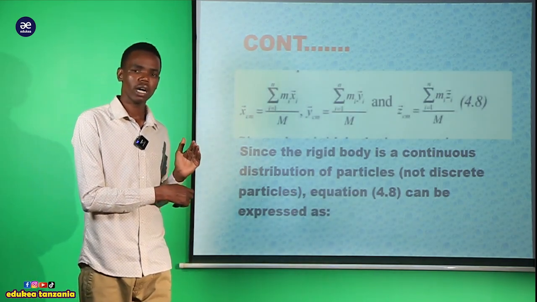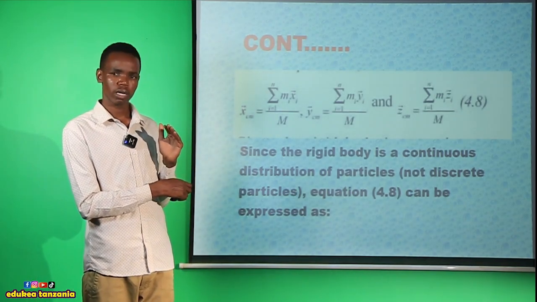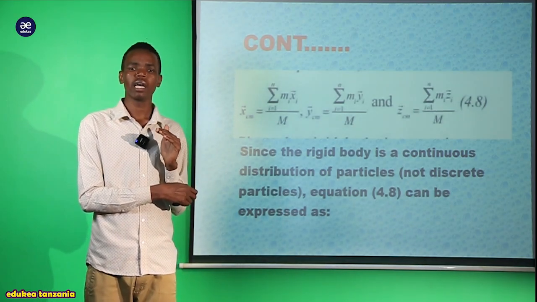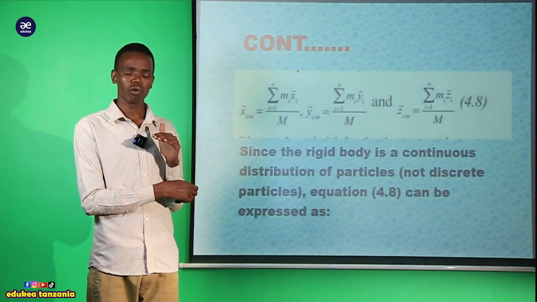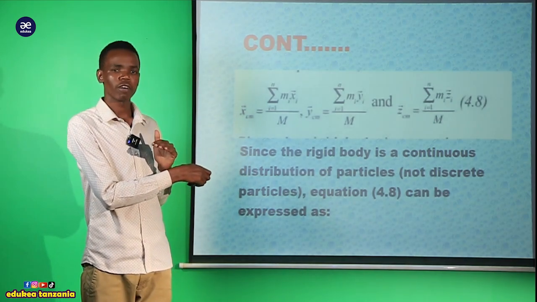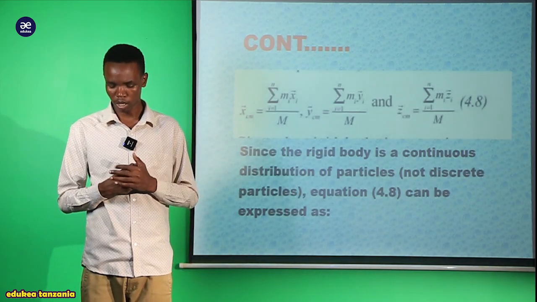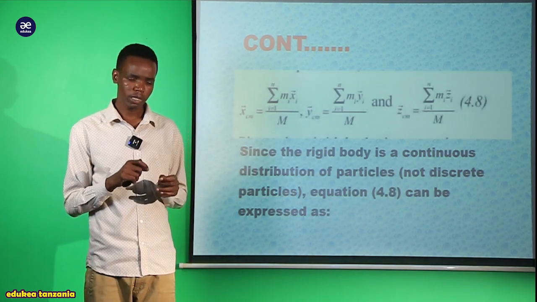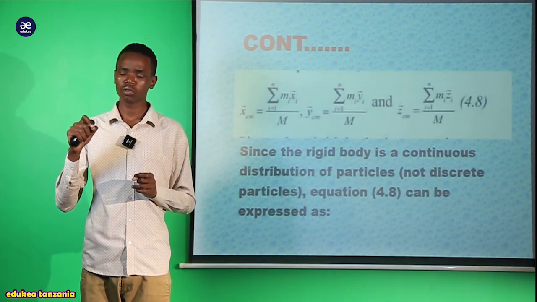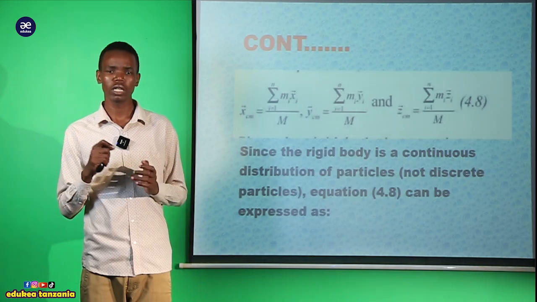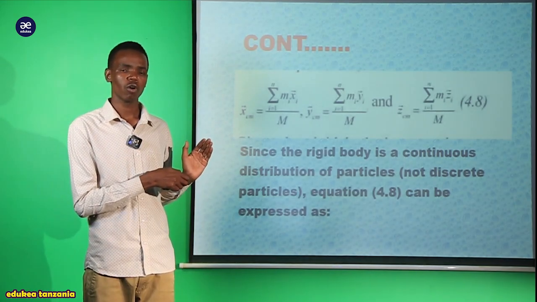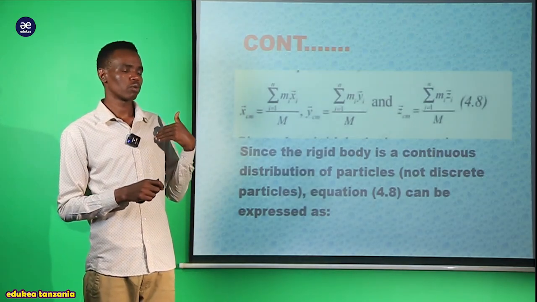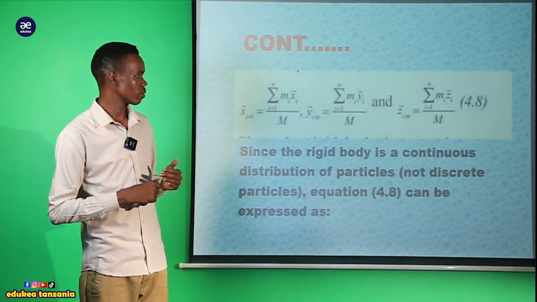For the x coordinate, the center of mass must equal the summation of m_i x_i, with i starting from 1 up to n, divided by the total mass. Along the y coordinate, the center of mass must equal the summation of m_i y_i, with i starting from 1 up to n, as we observe.